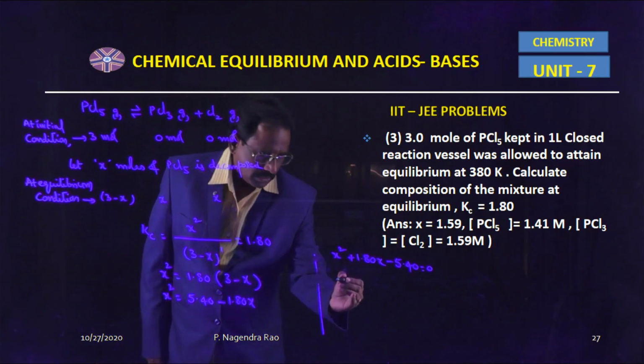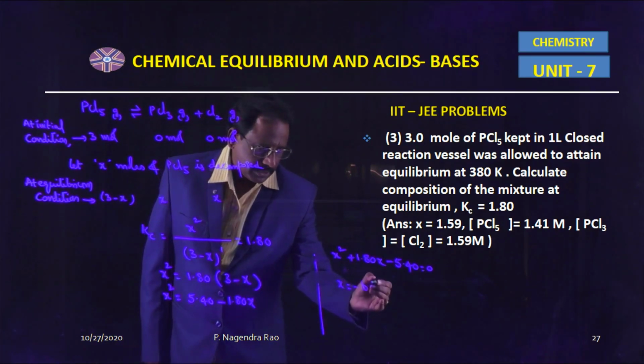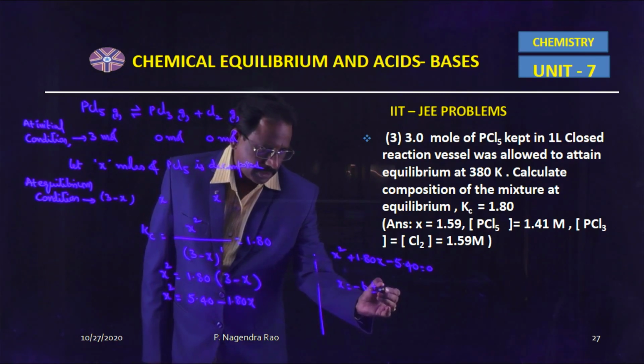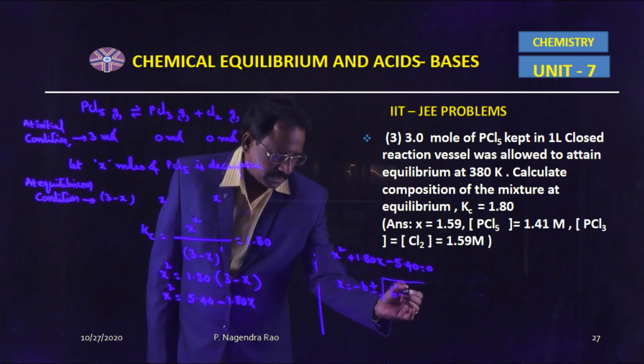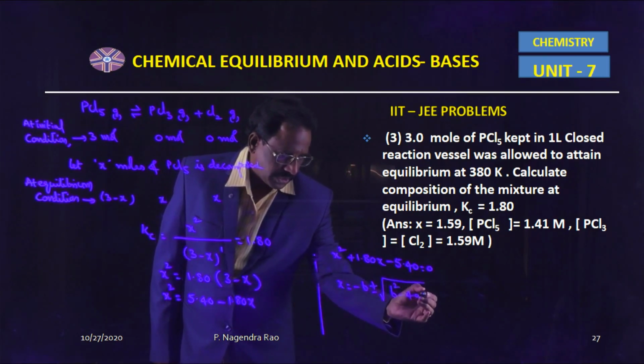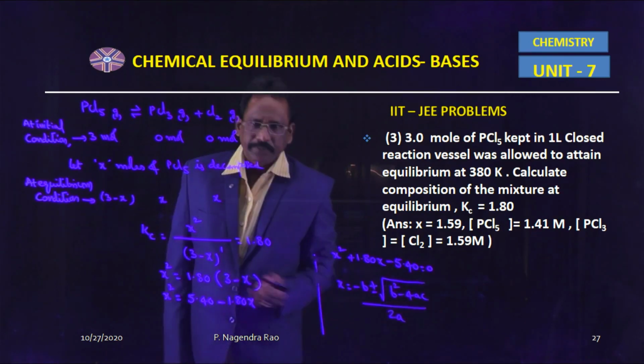Now solve for x: minus b plus or minus root b square minus 4ac divided by 2a.